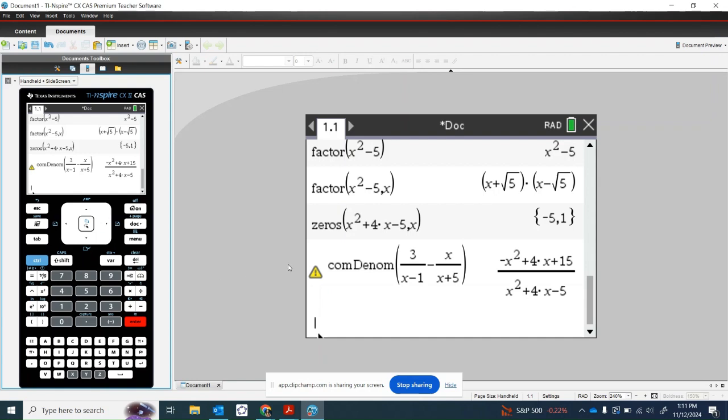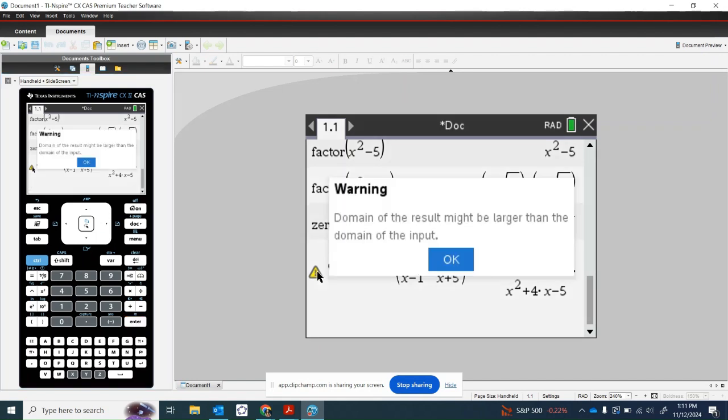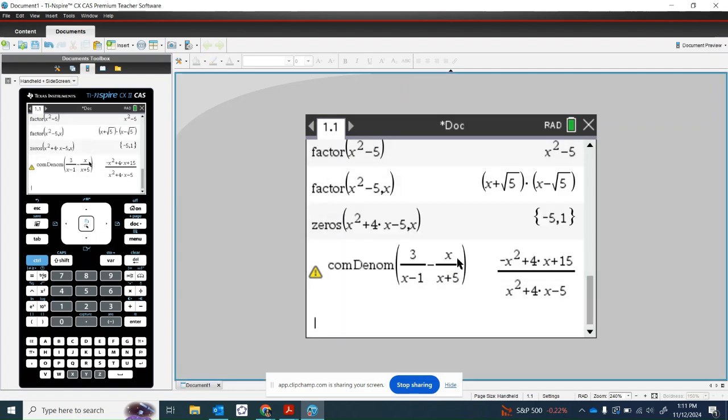So it's going to multiply the first by x plus 5, multiply the second one top and bottom by x minus 1, do the multiplication, combining like terms, all of it together. Again, the caution symbol is going to be there just to remind you, hey, the domain may be different here, just cautionary double check. So that's another little tool that it'll do for you.